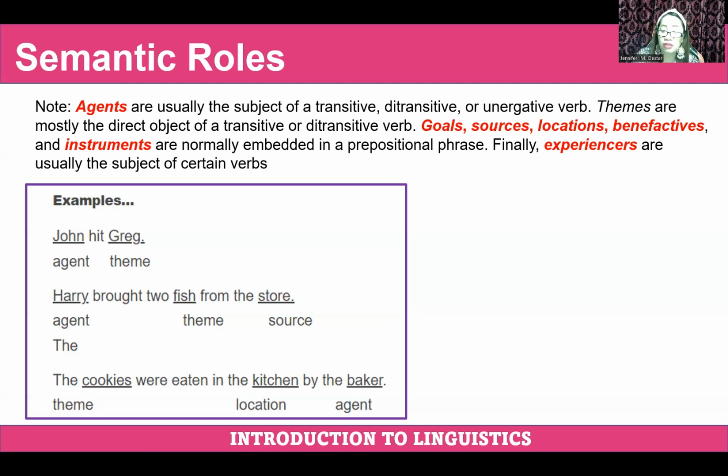Harry is the agent, the theme is the fish, and the source, pinagmulan, store. Another? The cookies were eaten in the kitchen by the baker. The theme is the cookies and the kitchen is the location, doon nangyari ang kilos. Baker is the one who performs the action. It's the agent.